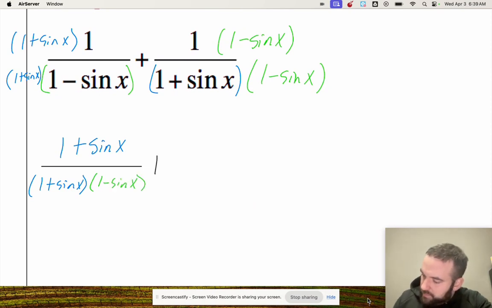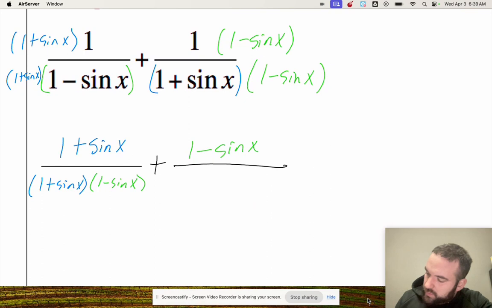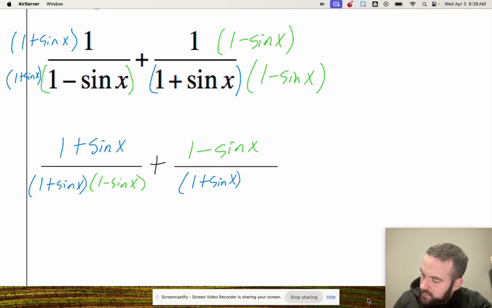And then I'm going to add that to my second fraction, which is 1 minus sine x over 1 plus sine x and 1 minus sine x.